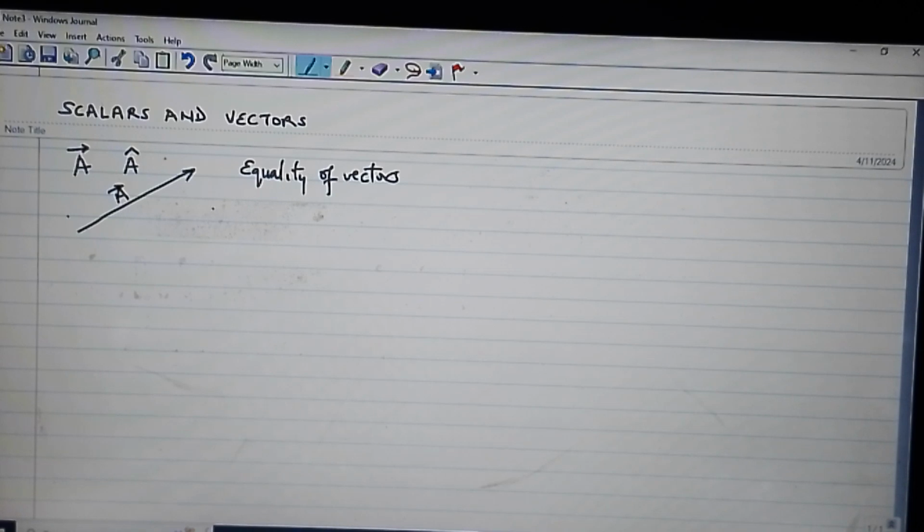Then you also have a unit vector. Unit has to do with 1. So a unit vector is one that has magnitude of 1. Then when you talk about a null vector, the magnitude is 0.